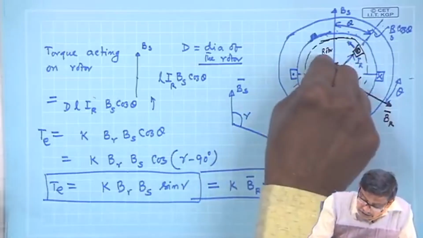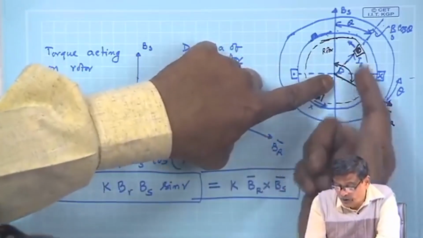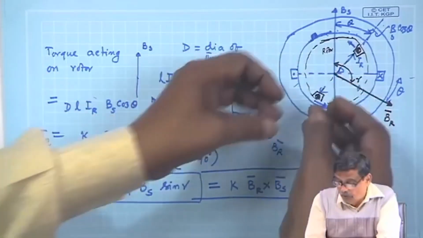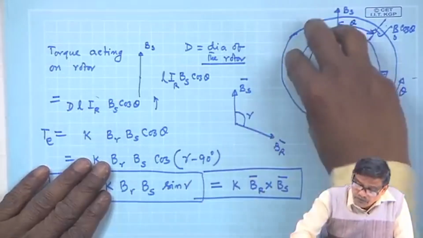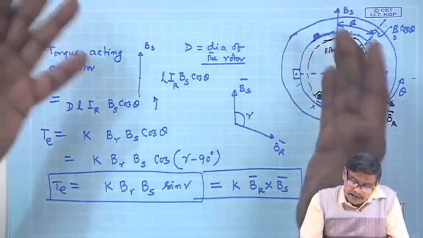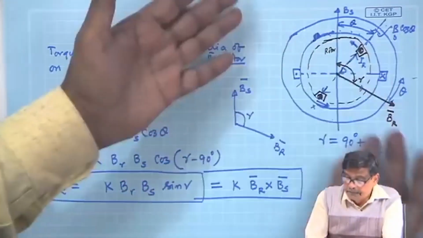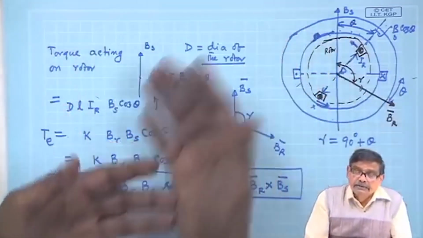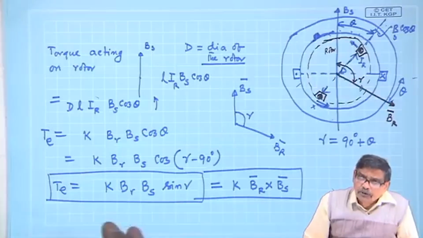I have held it to understand how much torque is developed in this position. If you release your hand, what will you observe? The rotor will move, and in this particular example, if these are DC currents, Br and Bs will finally get aligned and there will be no torque. That game will be over.